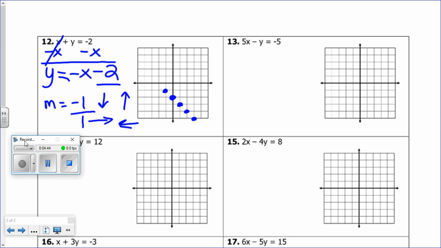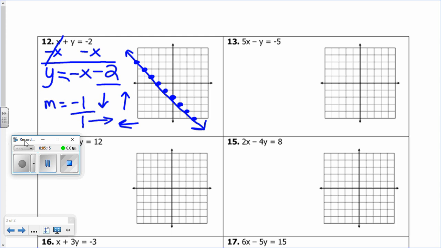Place a point and do it again, up 1, left 1, continuing until I've filled in all the space. Now I can go ahead and connect the dots. Hopefully you see that we should have had a negative slope, and I have a negative slope in my graph. Please verify each time you do it to make sure you have what you think you should have.